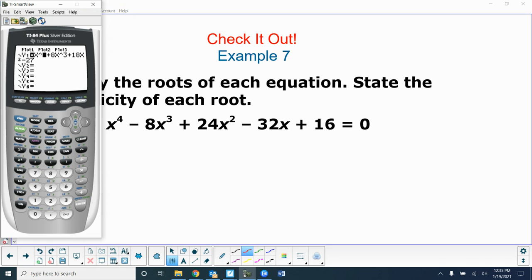So, got the x to the fourth. It's minus 8x cubed plus 24x squared minus 32x plus 16. Okay, so again, how many am I expecting to see? 4, right? Let's see what happens.